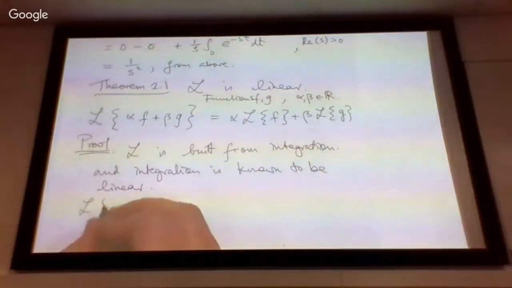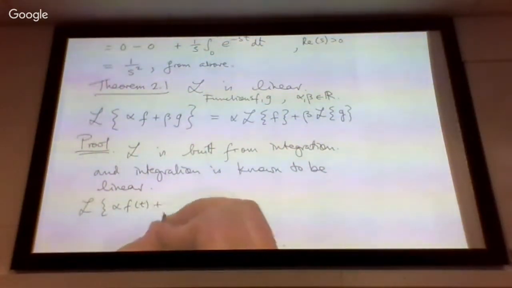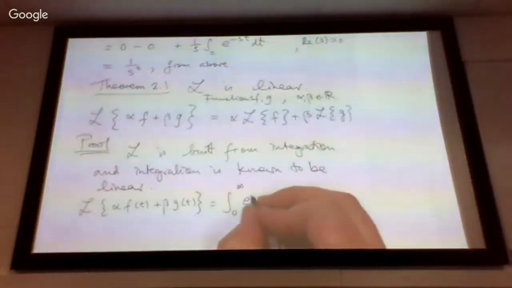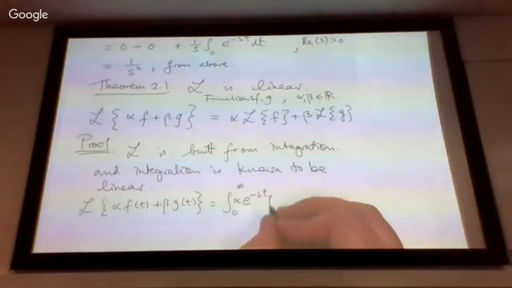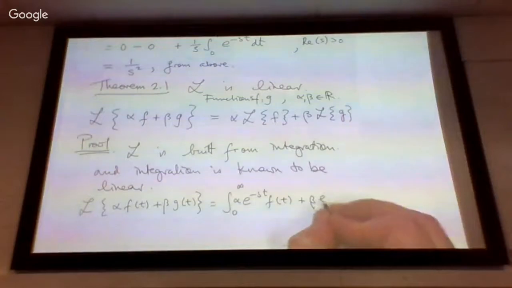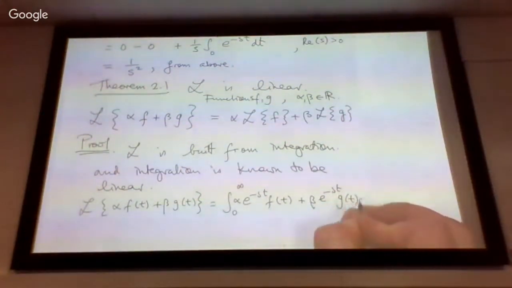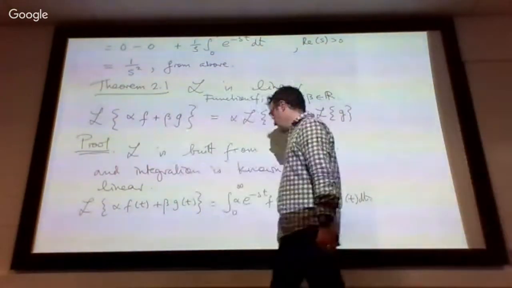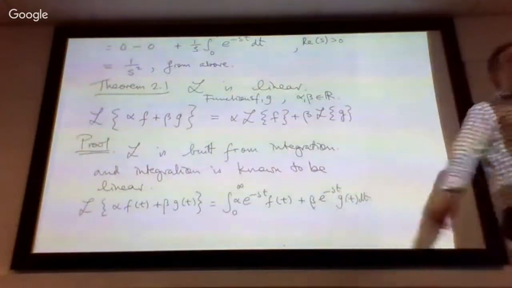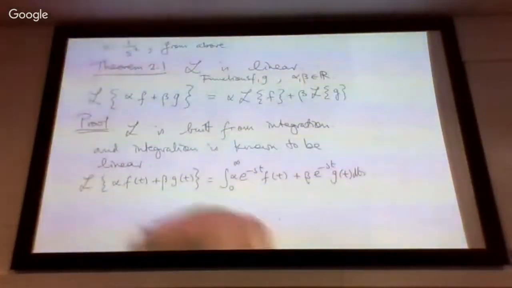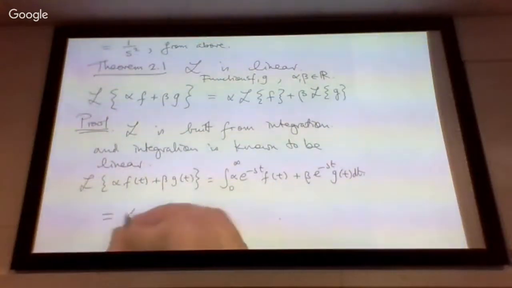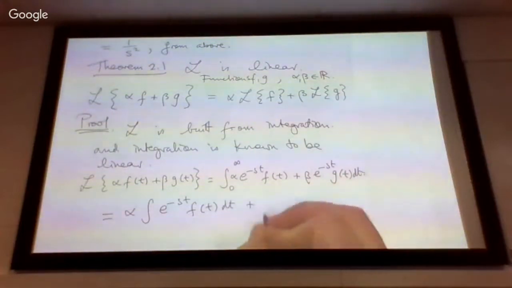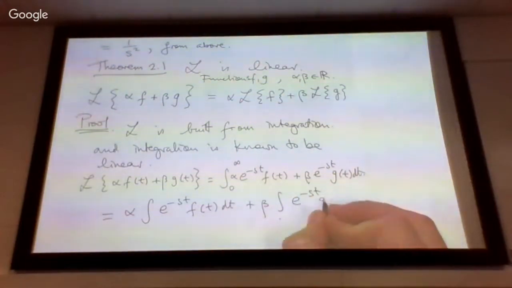So when we take the Laplace transform of a linear combination of functions, we're integrating the exponential times those functions. You're integrating the exponential multiplied by alpha f plus beta g, but after you multiply it out, you've got the exponential times f plus the exponential times g. You've got those scalars alpha and beta, but integration is linear. So this integral is alpha times the integral of the exponential times f plus beta times the integral of the exponential times g.